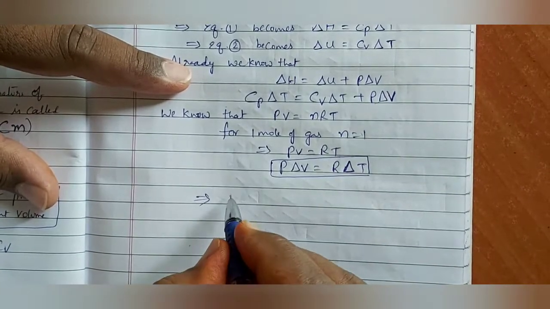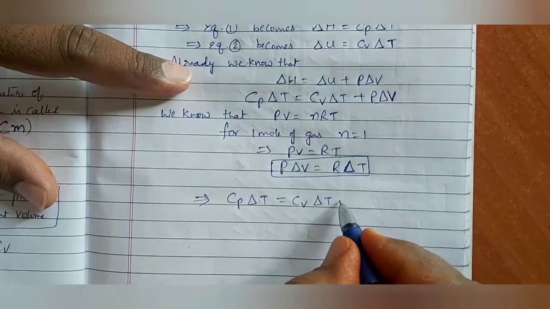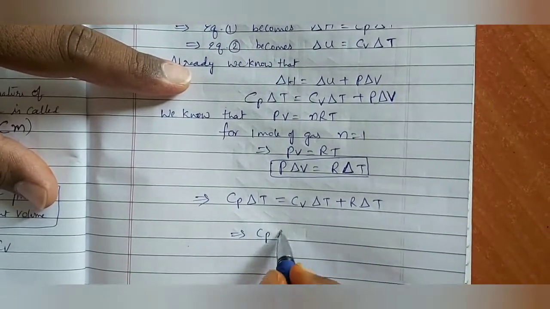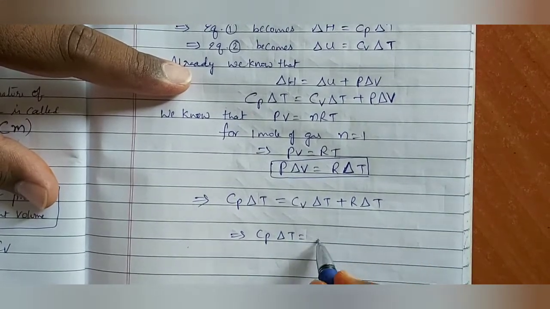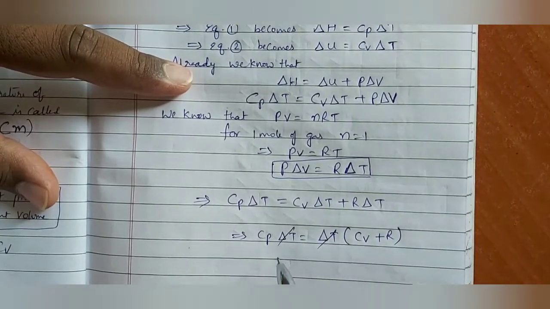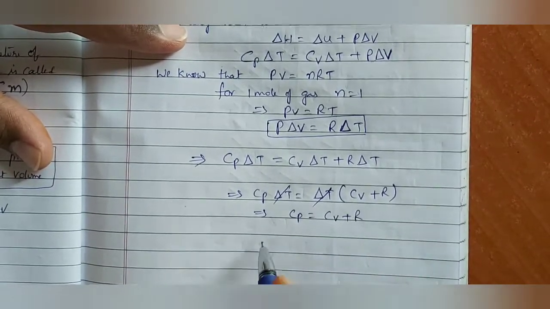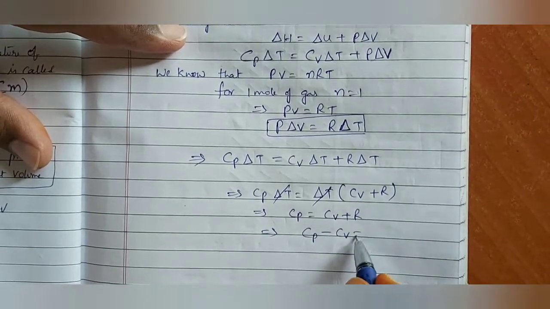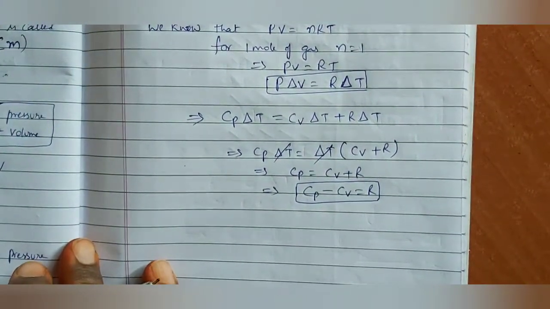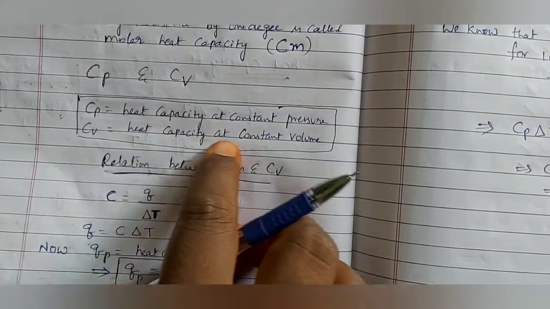So Cp into delta T is equal to Cv into delta T plus R into delta T. Delta T is common, so Cp is equal to Cv plus R delta T cancelled. This implies Cp minus Cv is equal to R. This is the relation between Cp and Cv, where Cp is heat capacity at constant pressure and Cv is heat capacity at constant volume.